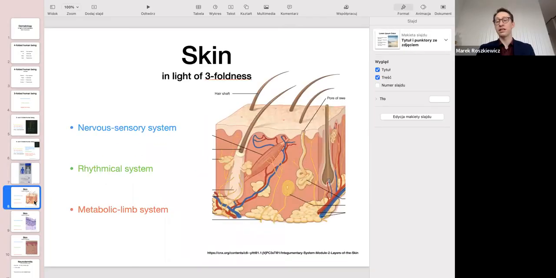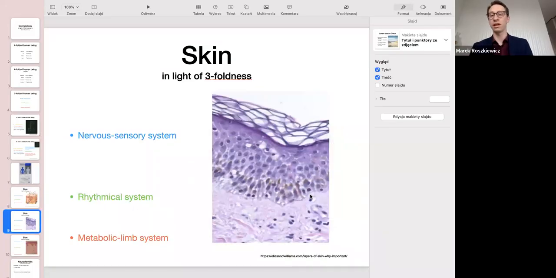When we look at a regular schematic scheme of the skin, we can see also the three different systems. The nervous sensory system acts mainly, not only, but mainly in the epidermis, where we have this death process. With the keratinocytes, the stratum basale is the pole of the epidermis where there is still a lot of life.